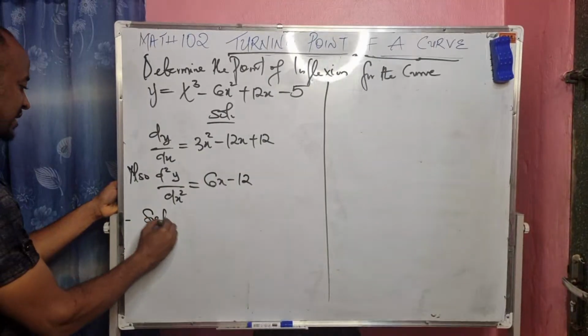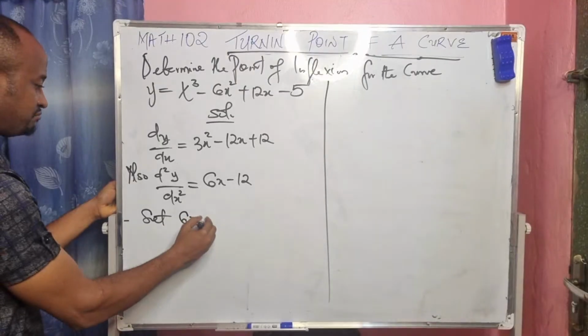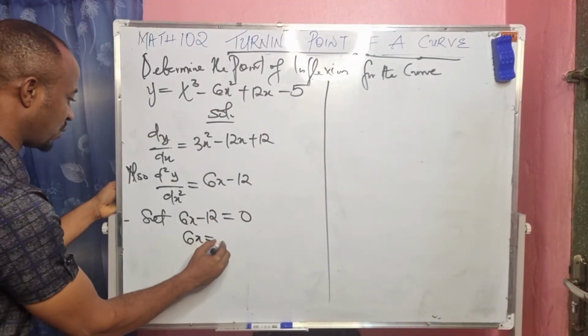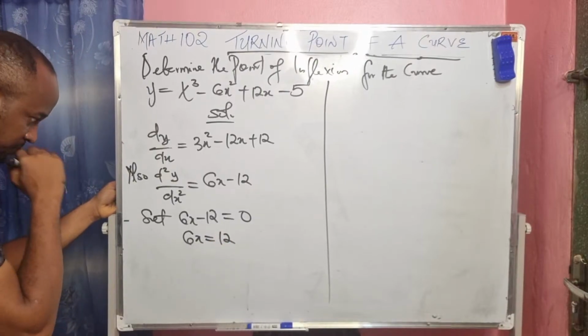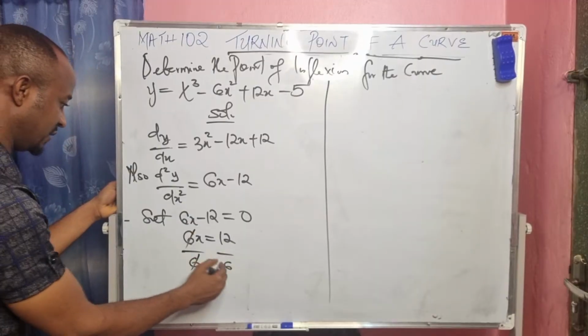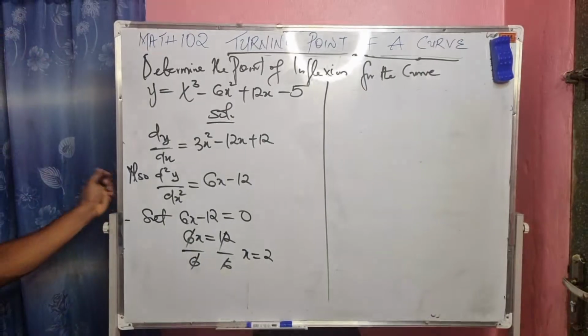Then set d2y/dx squared, which is 6x minus 12, equal to 0. That will give us 6x equals 12. To solve for x, we divide both sides by 6. This will give us x equals 2. Is that clear?